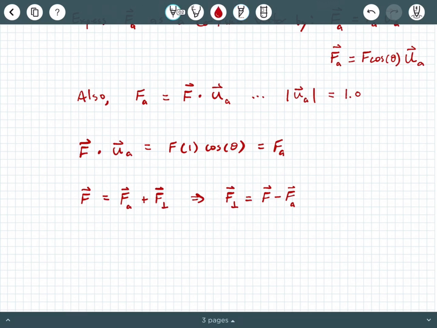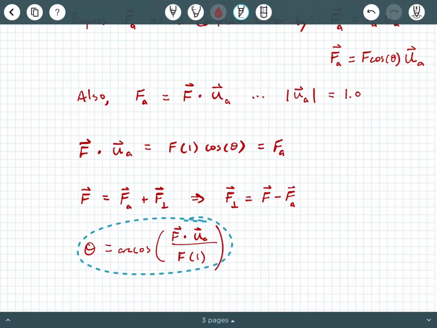What else can we end up saying? We can also say theta equals arc cosine of vector F dotted with the unit vector defining axis A, divided by the magnitude of vector F times 1.